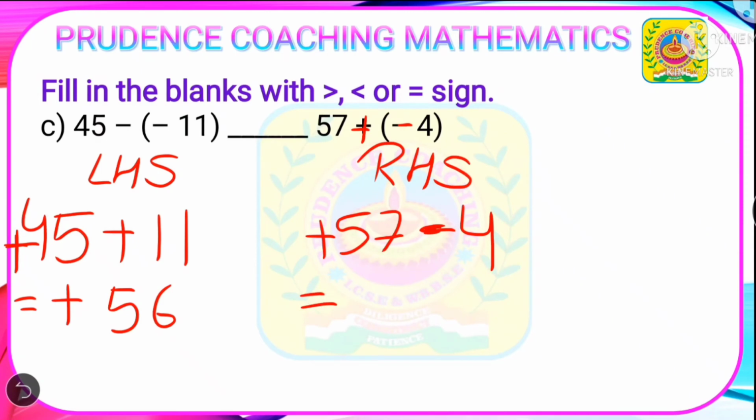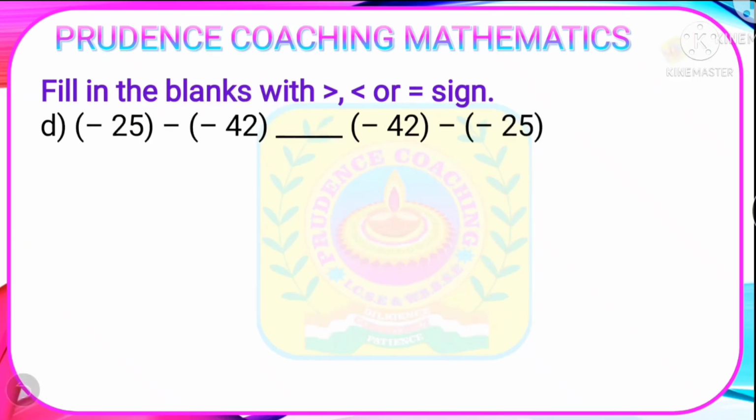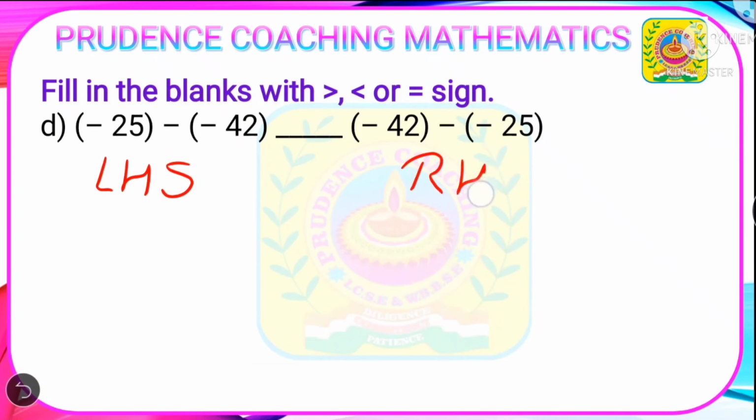So 57 minus 4 is 53 and you need to give the sign of the bigger one, that is plus. So here positive 56 is always more than positive 53, so here the sign will be like this.